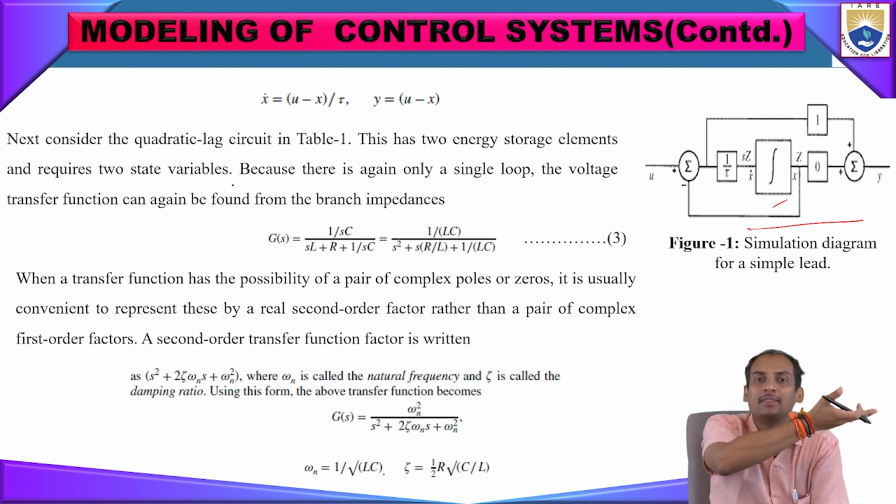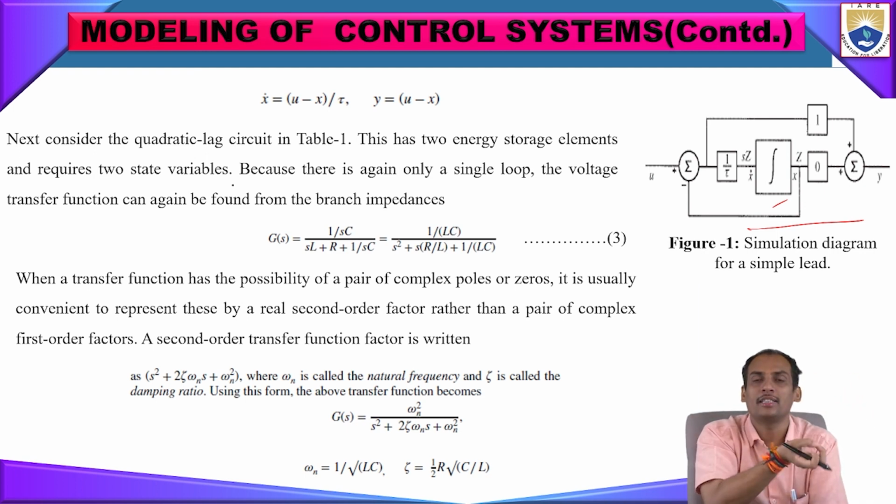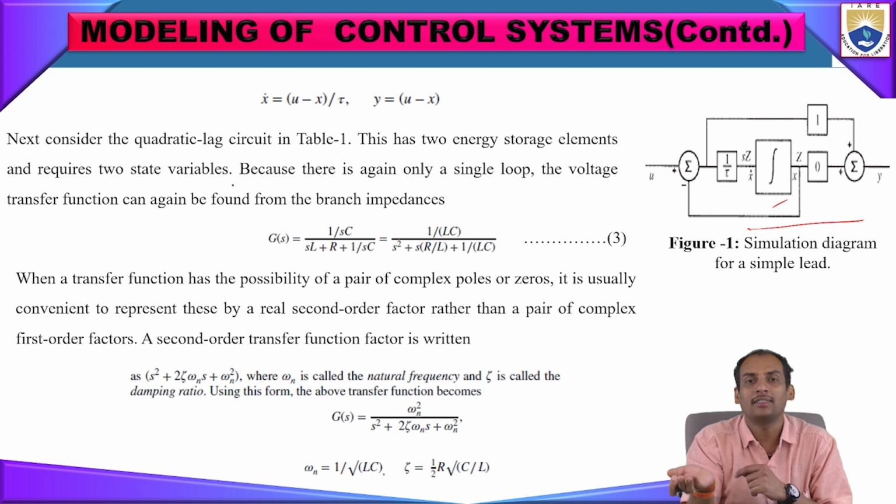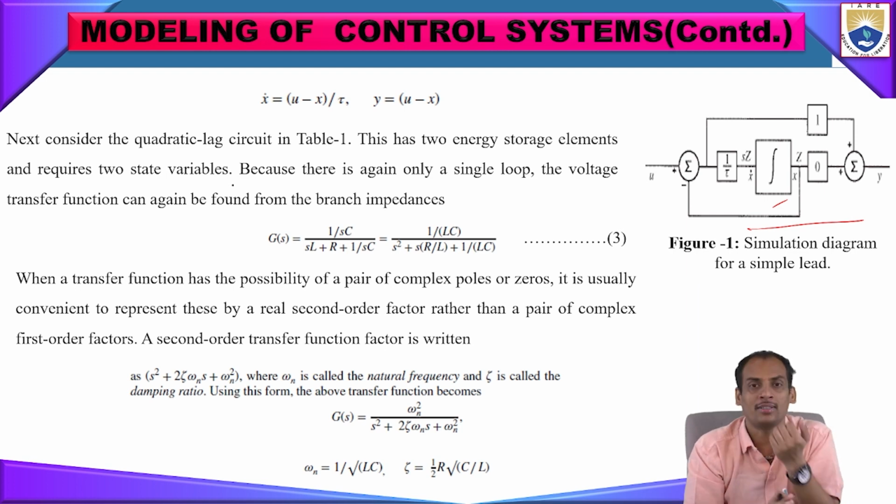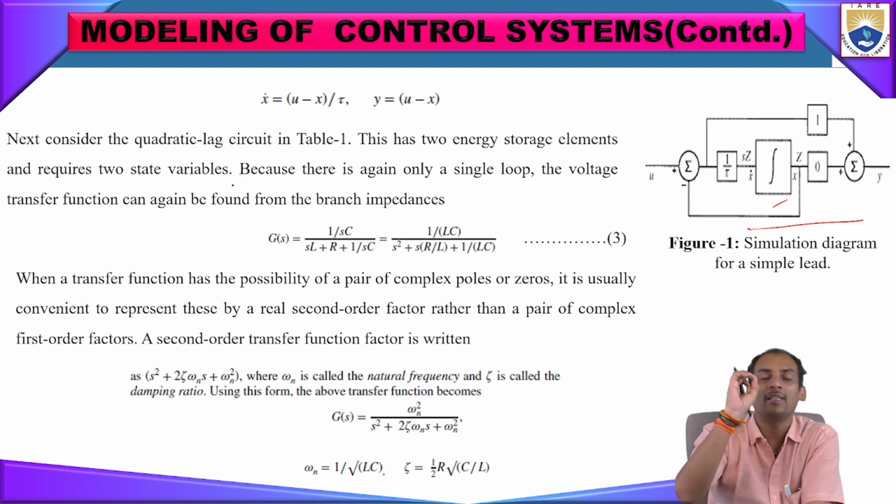So we will see how it has been represented mathematically, and from that representation how it has been converted into a transfer function. After the transfer function, the roots of that function are converted into imaginary and real values, and how those imaginary and real values are graphically represented using the root locus plot.